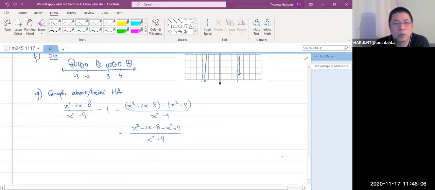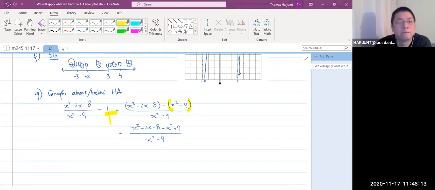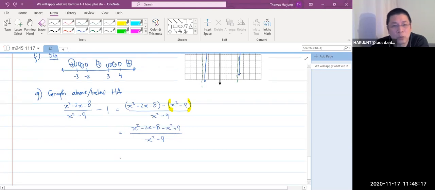So don't forget to use parentheses here. I did the LCD, and then this will be -2x plus 1 over x squared minus 9.